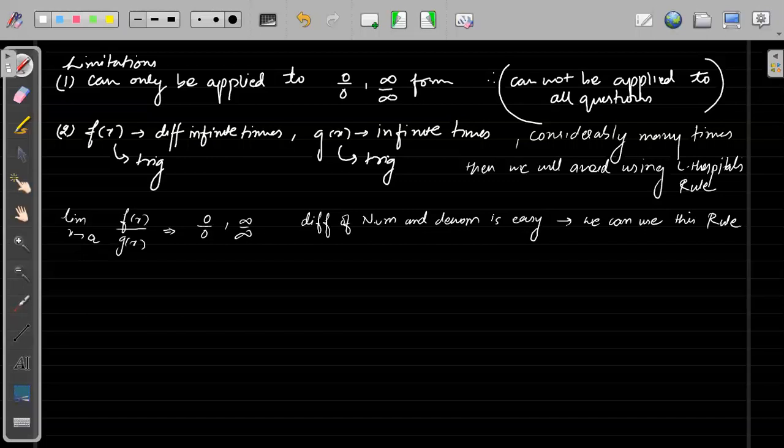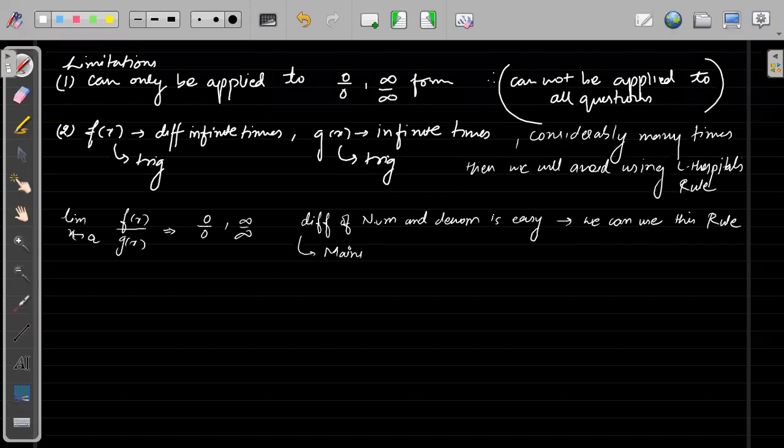This rule will be most common for you to use in JEE Mains, not in JEE Advanced. In JEE Advanced they may not ask questions where you can use L'Hopital's rule.